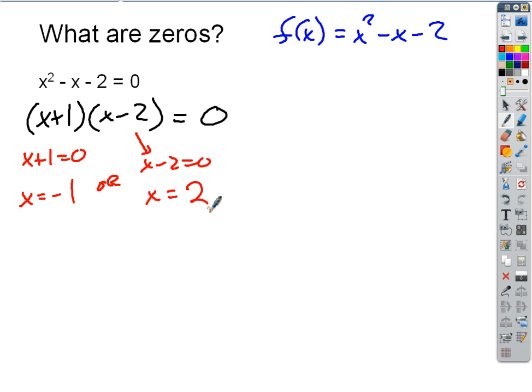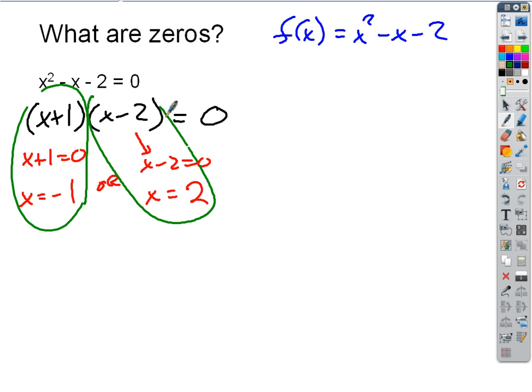I want you to see that this zero, x equals negative 1, came from the factor x plus 1. And the zero x equals 2 came with the factor x minus 2. Makes sense, doesn't it? Because the factor that goes with a zero must be the one that you had to set equal to 0 to get the answer, right?